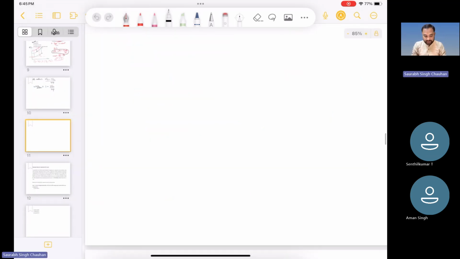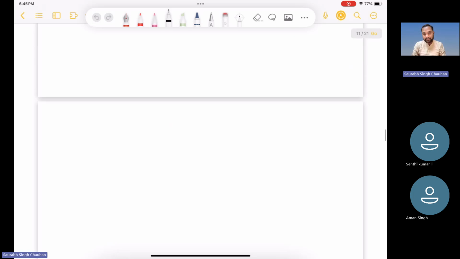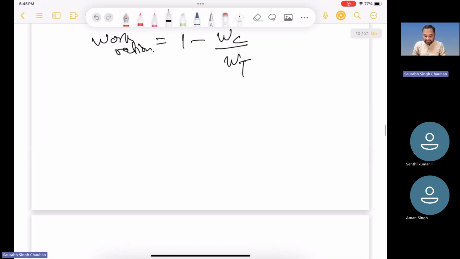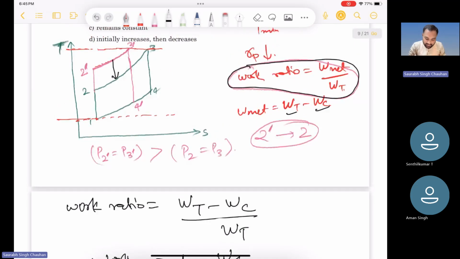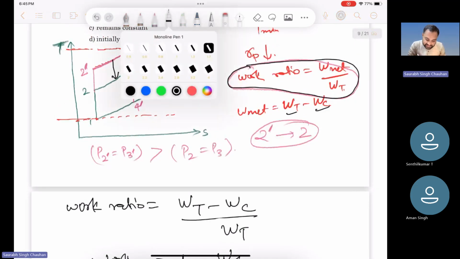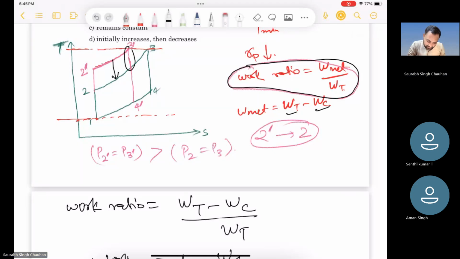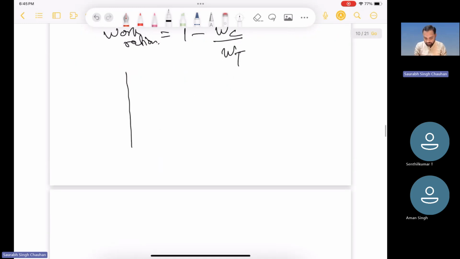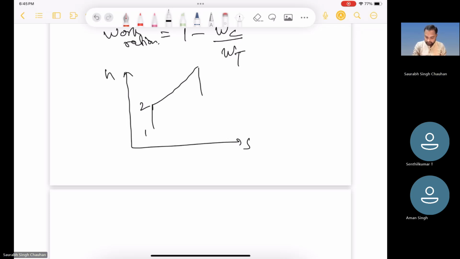Okay, we will come back to this point. Before that, we should discuss another important point that will help us to answer this question. We should understand what is our problem. Our problem is the change in these two values, right? If we make the HS diagram, it will look quite similar. 1 to 2, then 3 to 4.